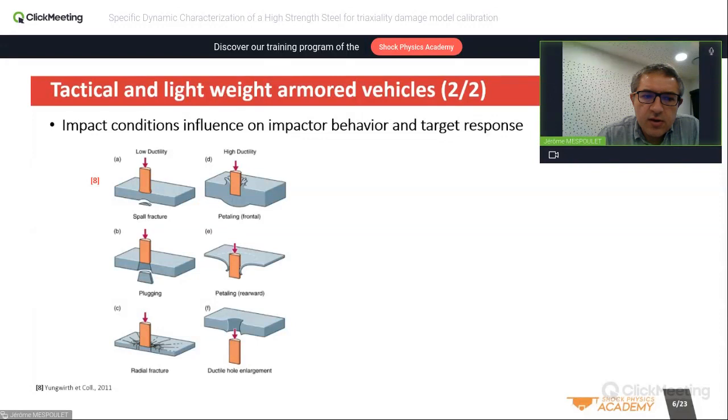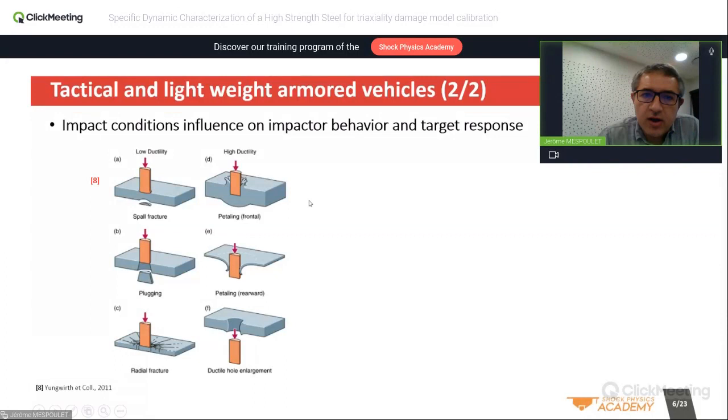On this picture, you can see what happens if you have, on the left column, some low ductility materials, and on the right, high ductility materials. Depending on the condition, you can have, from the first row, some small fractures at the back of the armor. It is called the behind armor damage that can happen inside vehicles.